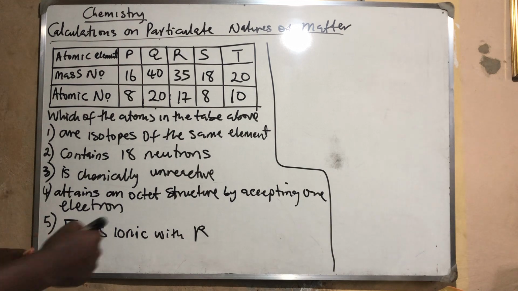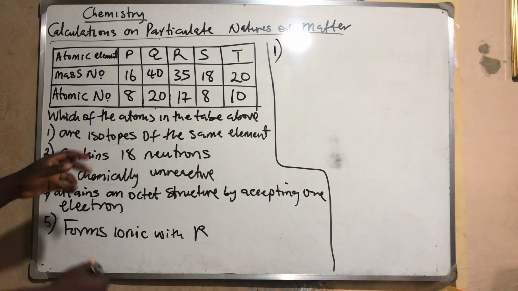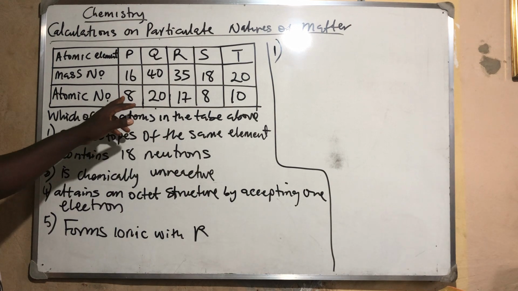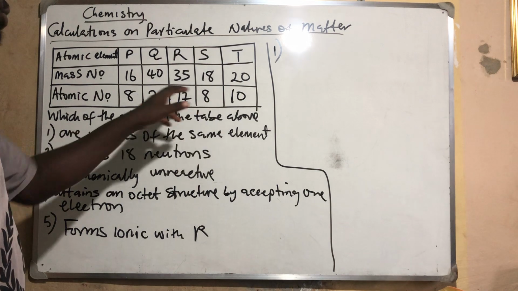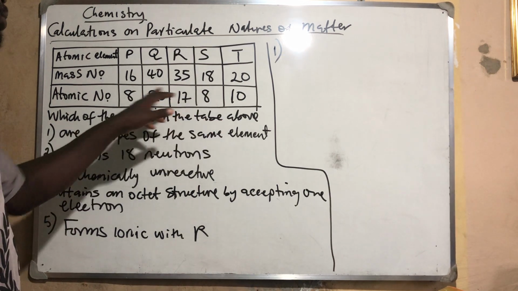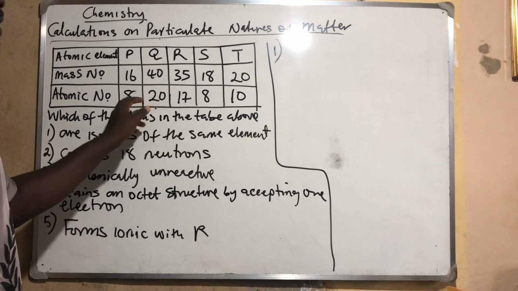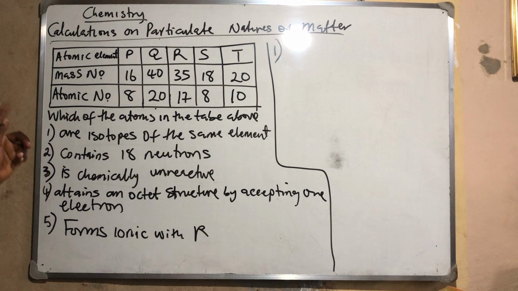So to answer number one, you will look at it and see that P and S have the same atomic number. An atomic number is the same as the electron number or proton number. So they have the same proton number, the same electron number, but different mass number due to the presence of different neutron number.